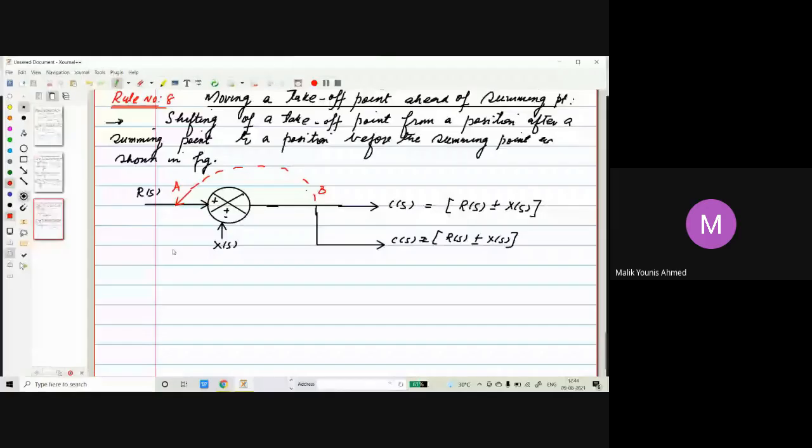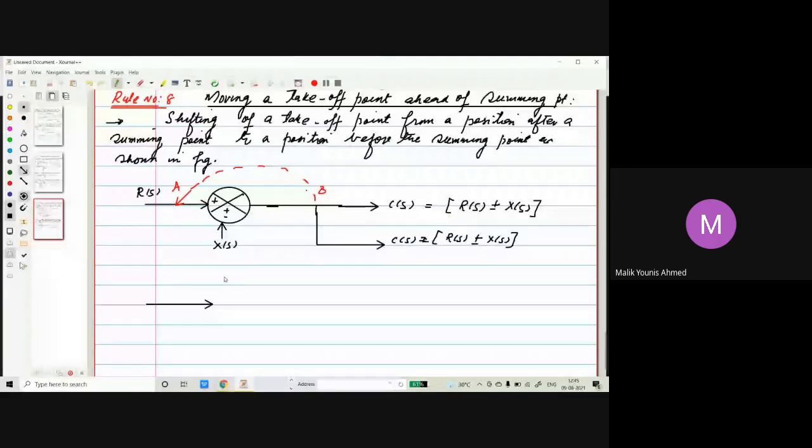Input is not going to change. Now the takeoff point will come here. We'll see that. Okay. So what we have here, the takeoff point will come here, but the input signal is not going to change.